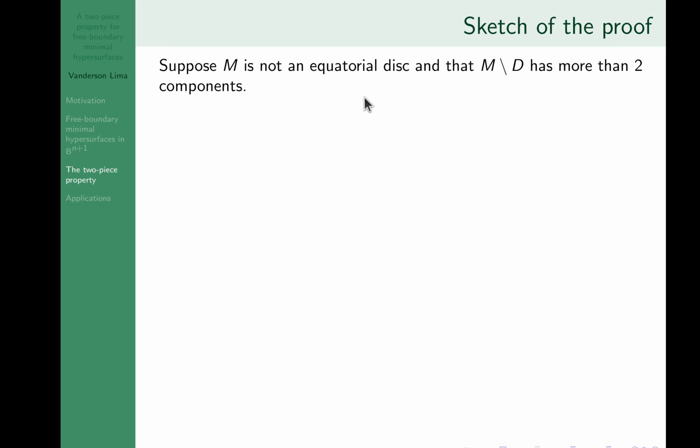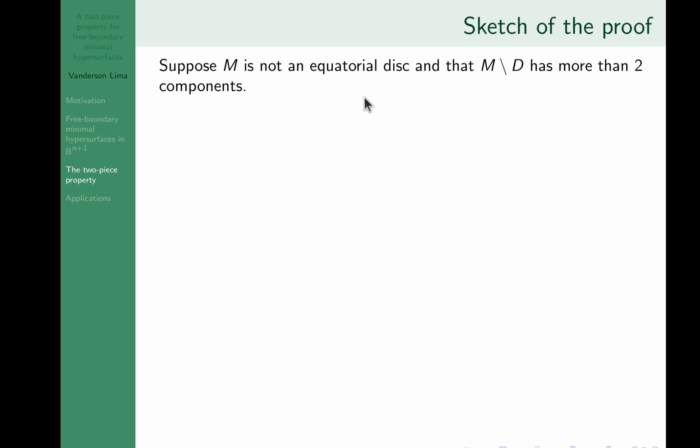So first, if the hypersurface M is an equatorial disk, then the result is a consequence of basic Euclidean geometry. So I can start by supposing that M is not an equatorial disk.